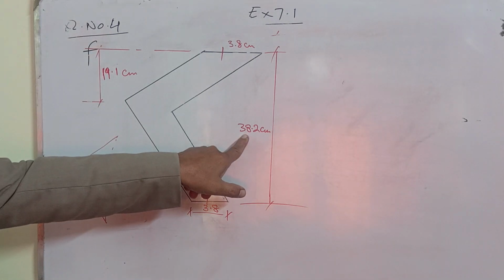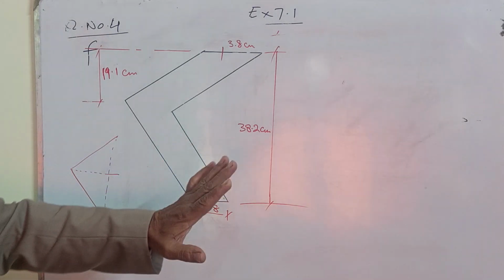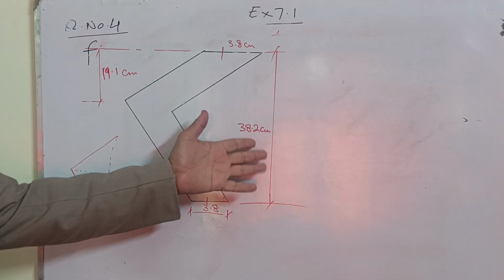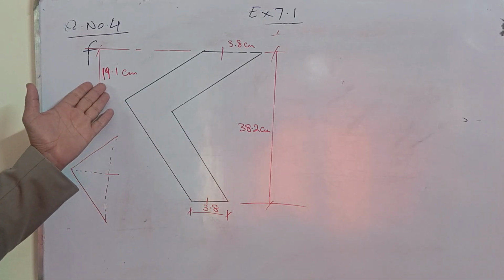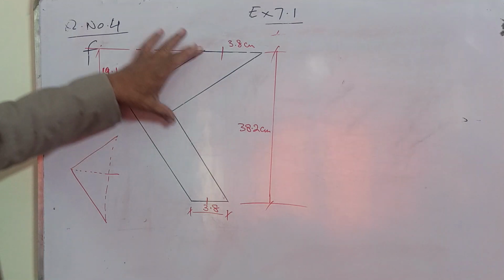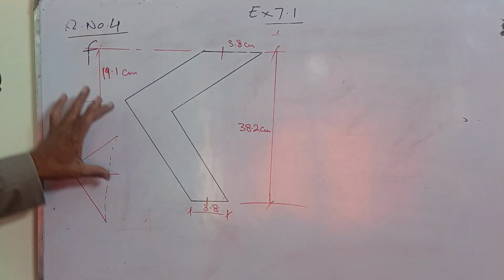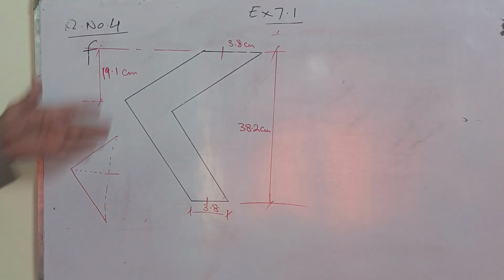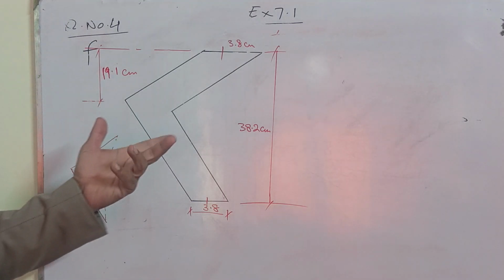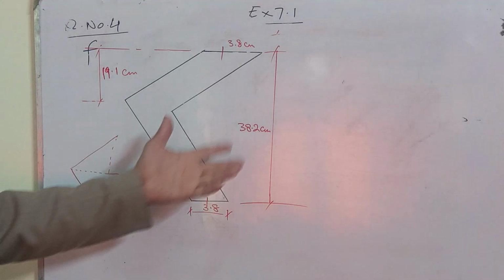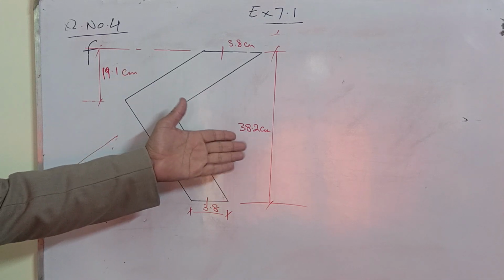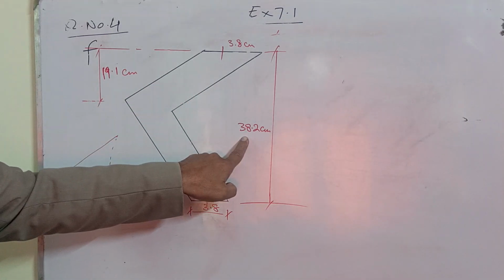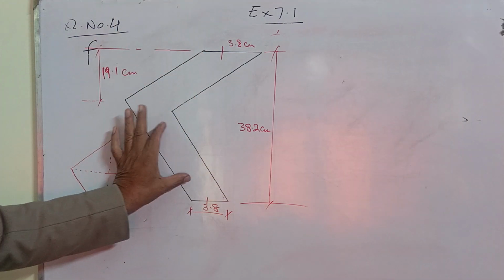This is 38.2. This 38.2 is 2 times this 19.1. That means this height and this height are equal. You cannot guess from this figure because it is inaccurate, but as far as the dimensions are concerned, this dimension is half of this, which means these are two identical figures.